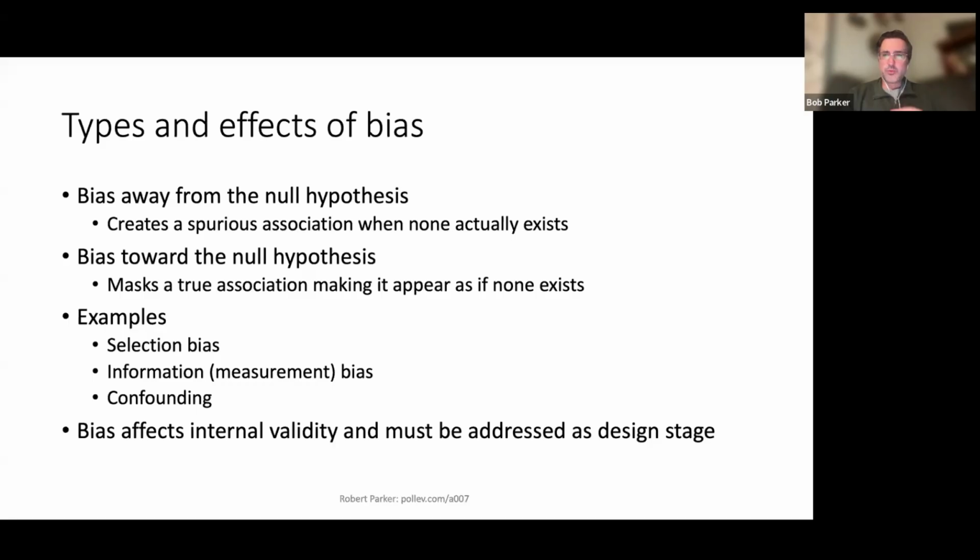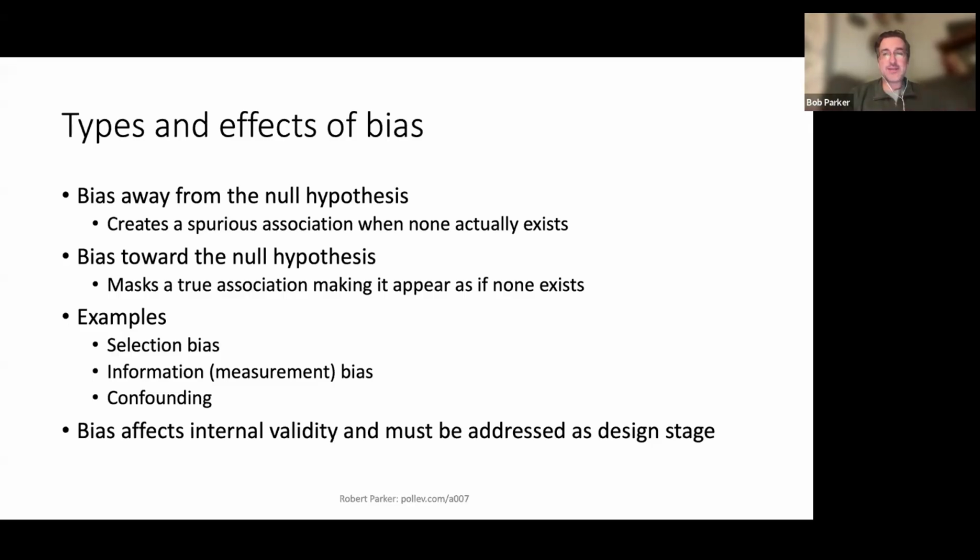So we'll talk a little bit about that, and I hope you get more of this, especially as we go to evaluating studies. But I think it's important to touch on for study design because bias affects the internal validity, and it has to be addressed at the design stage, right?